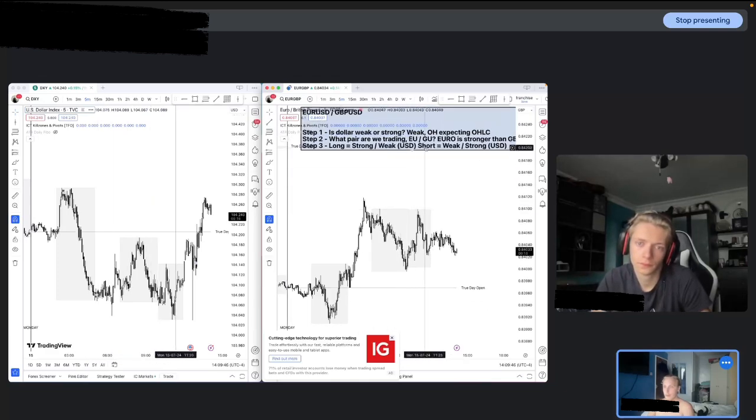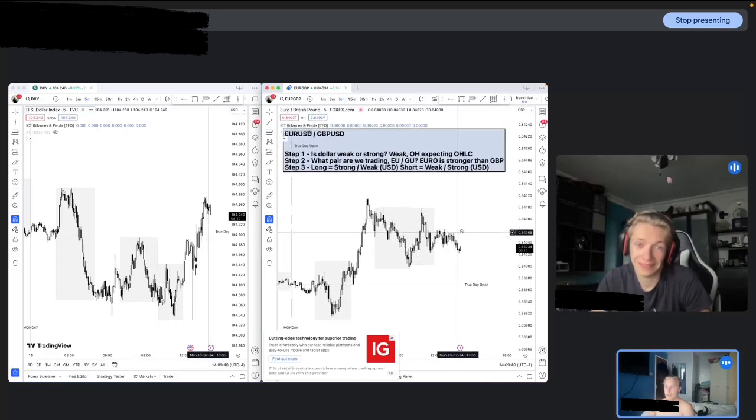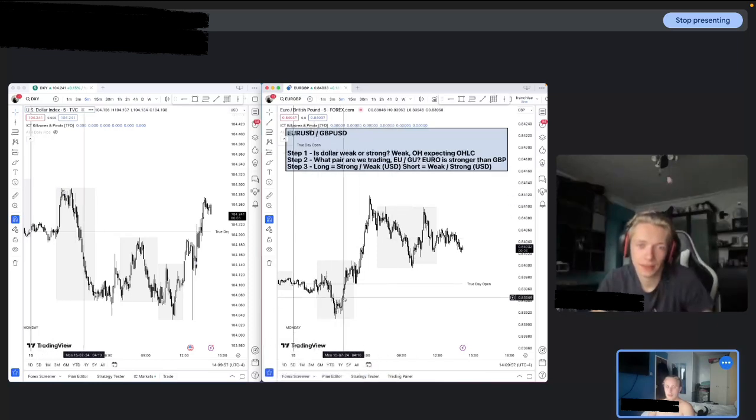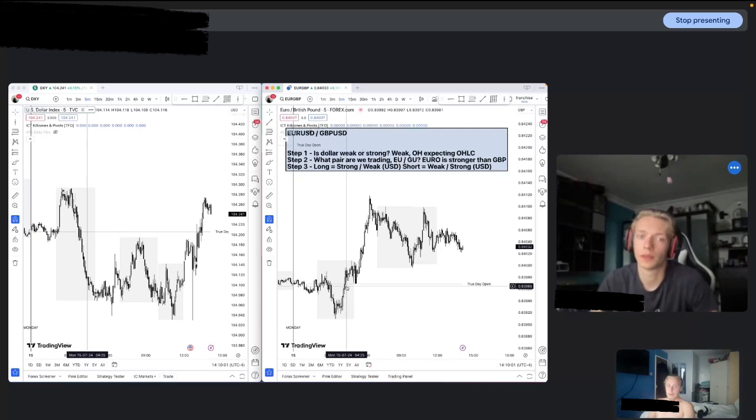So we've already identified which is the strongest pair, the euro or the pound. Which is it? The euro. Euro is stronger than the pound.